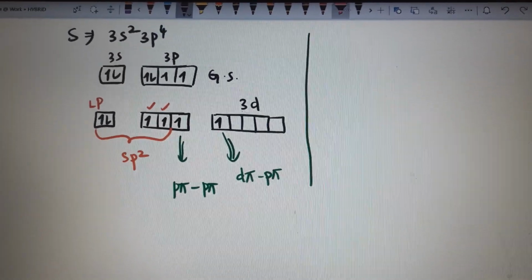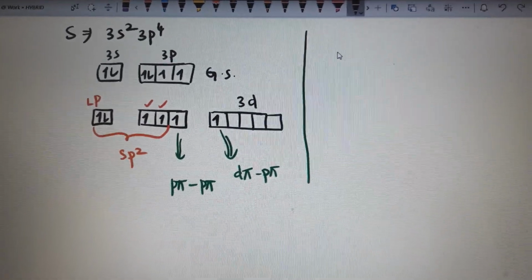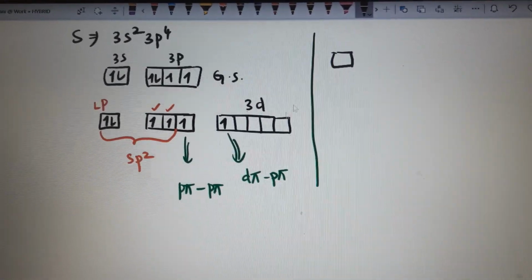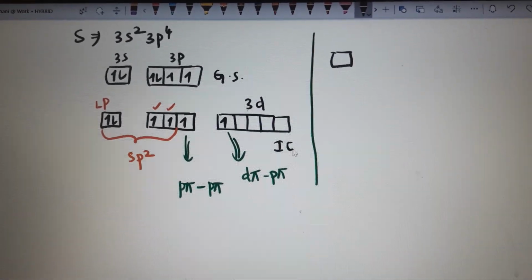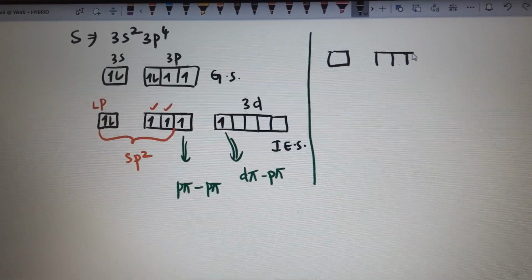Similarly in SO3, excitation occurs here also. This is the first excited state, and there is no lone pair.